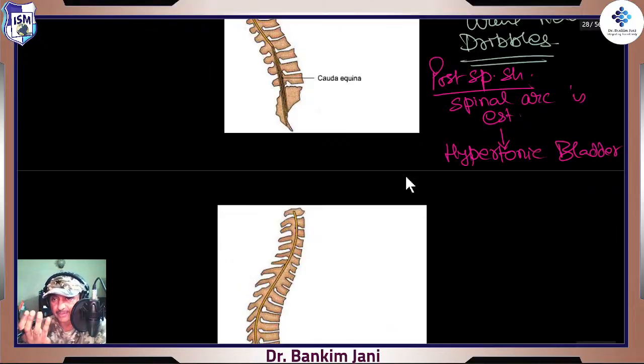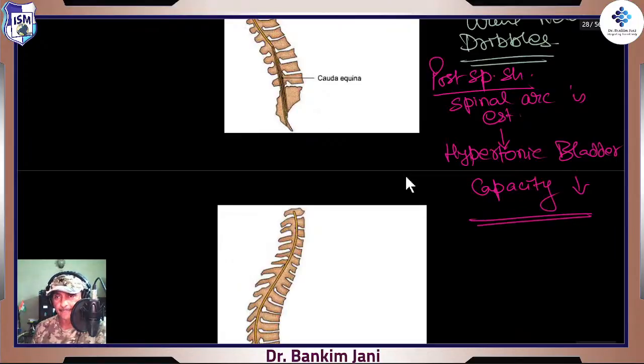It has contracted, so capacity is decreased. Due to that spinal arc, this bladder will keep on collecting the urine, and then immediately it will contract, right? So its speciality is that it empties suddenly, because there is a spinal nucleus involved.